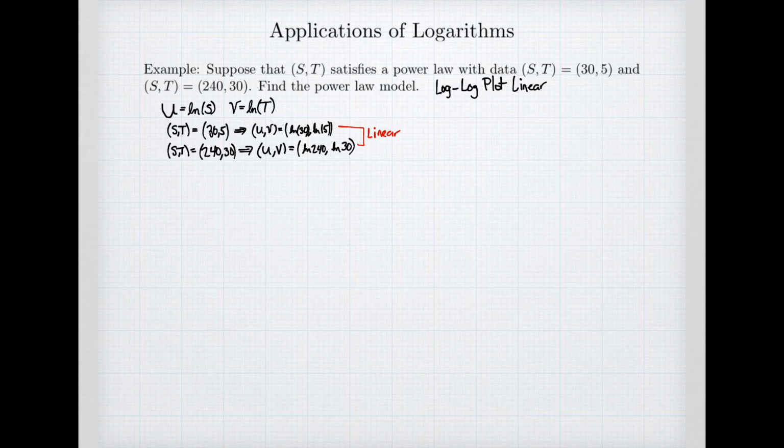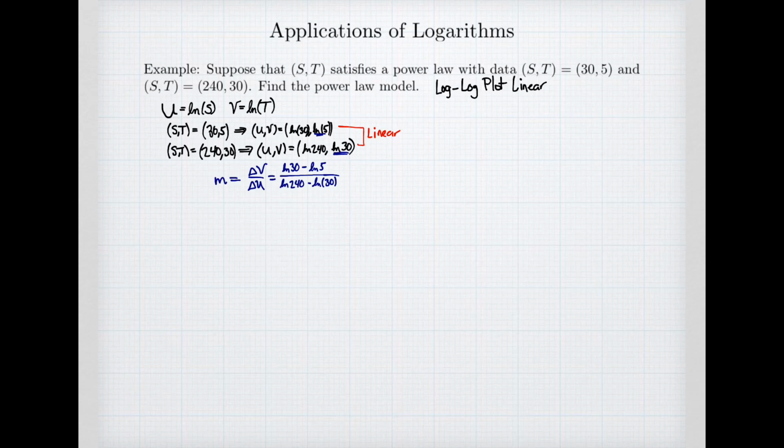So my slope is the change in the output variable over the change in the input variable, and we'll just use our transformed values. So we have natural log of 240 minus natural log of 30 for the change in the output, and then in the same order, natural log of 30 minus natural log of 5.